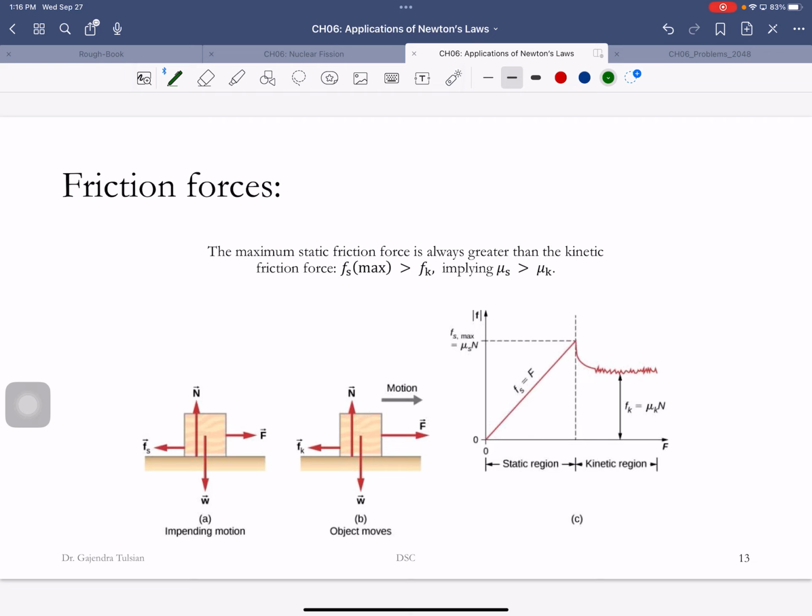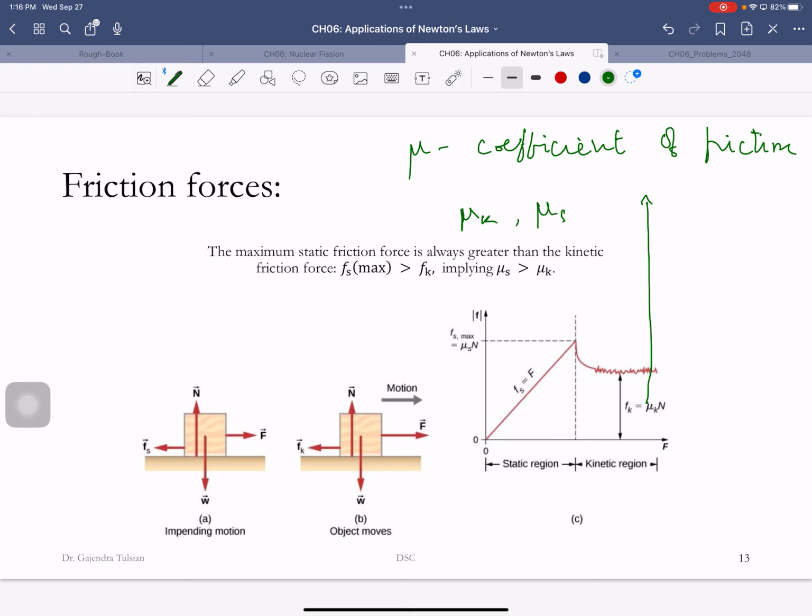But the friction force is proportional to the normal force. And the proportionality constant is called mu k, the coefficient of friction. If it's mu k, that's the kinetic coefficient of friction, and mu s is the static coefficient of friction.